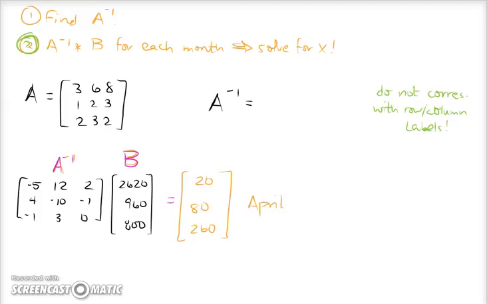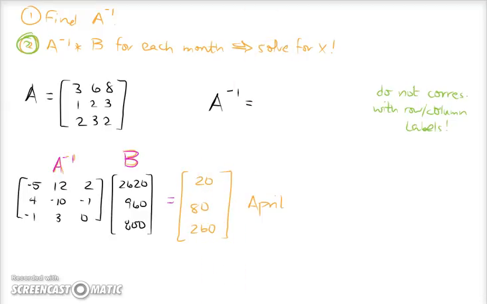All right, and so now we find for the month of April that you're going to have, based on the available materials and time, 20 rings, 80 pendants, and 260 bracelets that you can make. So again, we kept that inverse exactly the same, swapped out that B of available resources and time to then find our new answer of rings, pendants, and bracelets.